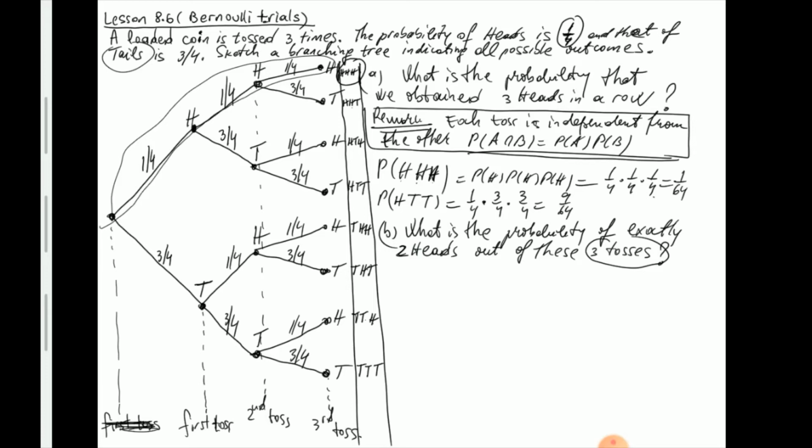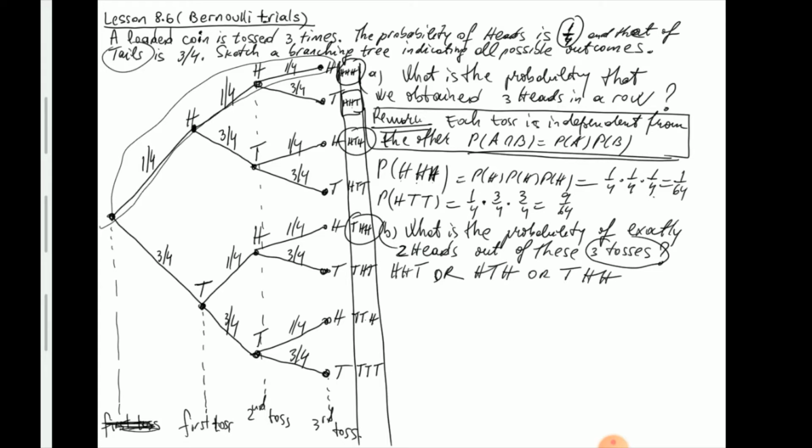Now, if you use the tree of probability, we can basically count the appearances of two heads. If you look again at the tree here, you could have heads, heads, tails, or I could have heads, tails, heads, or I could have tails, heads, heads.